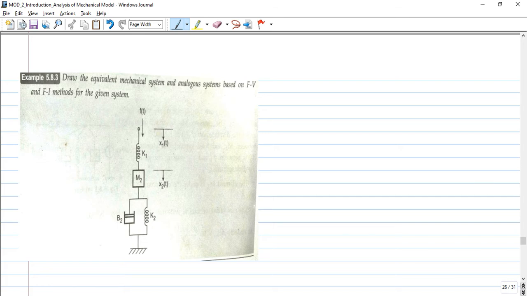In a similar fashion we will replace our mechanical elements, that is mass, spring and friction, in terms of electrical elements, resistance, inductor and capacitance, and we will write a circuit diagram. So both will behave in the same manner. That is the equivalent, that is the analogous system, which will be based on force voltage and force current methods. So here the first step will be, we need to write down the nodal diagram.